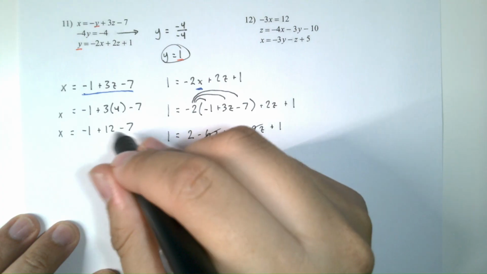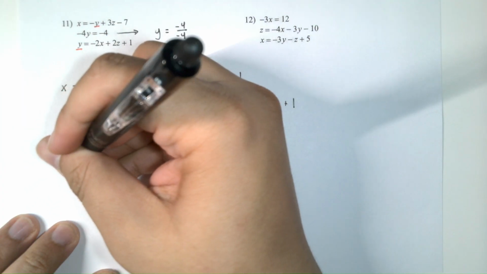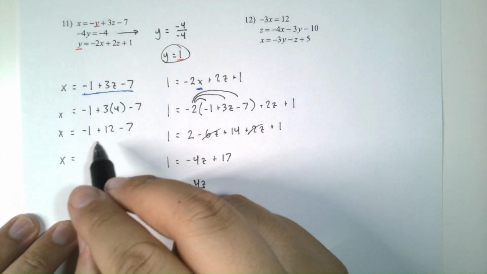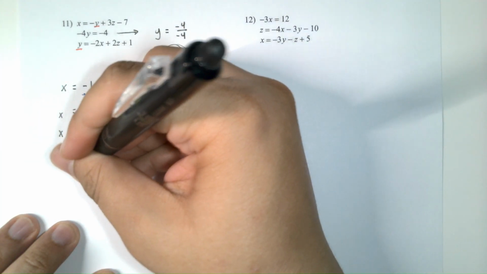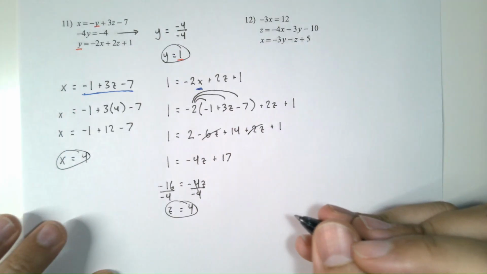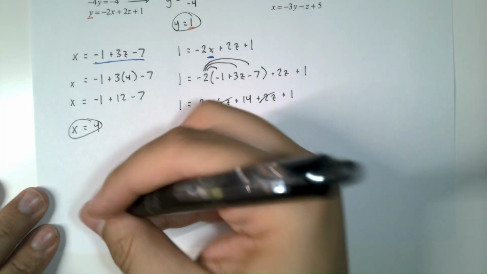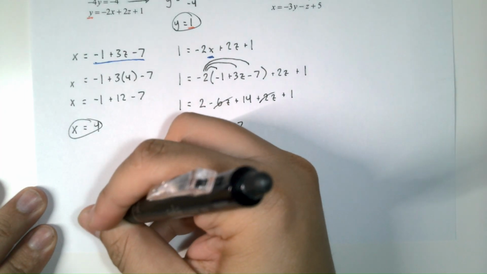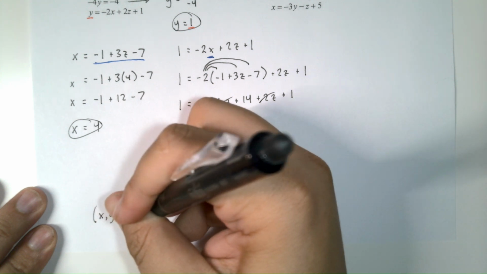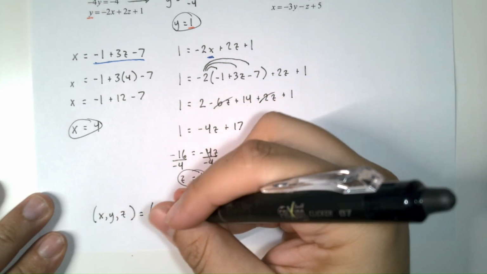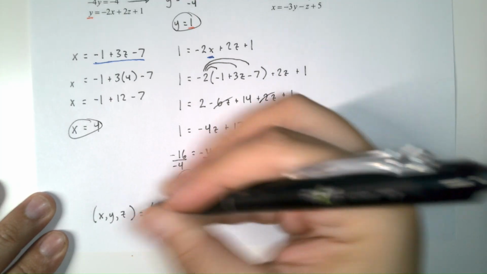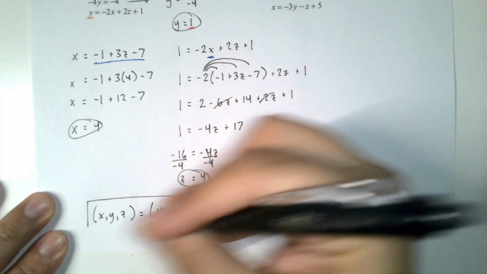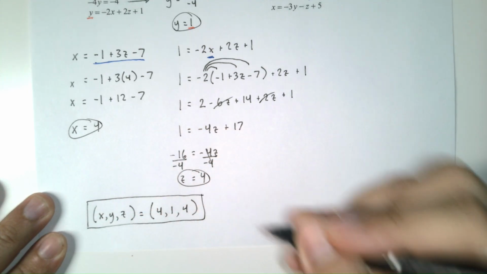And if you throw all of this into your calculator, x will be equal to, let's see, that'll be 12 minus 8. And so that'll be positive 4. And so our solution here, we're going to have x comma y comma z is equal to 4 comma 1 comma 4. And this is our final answer.